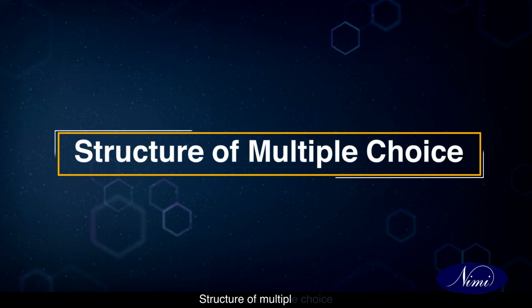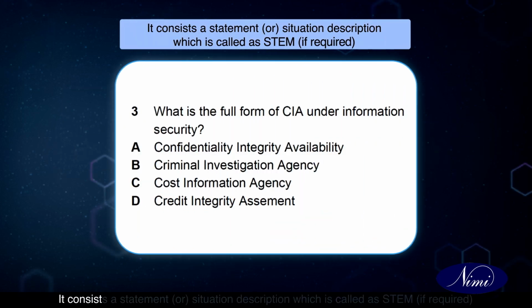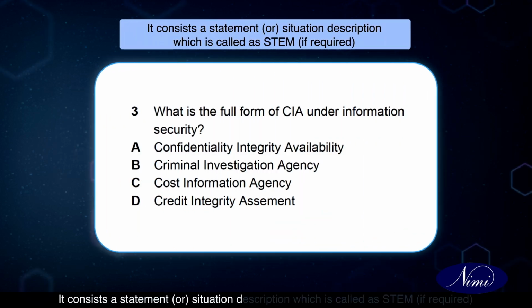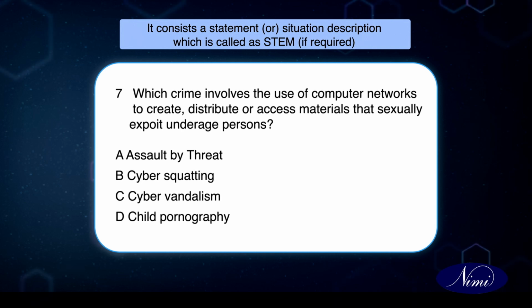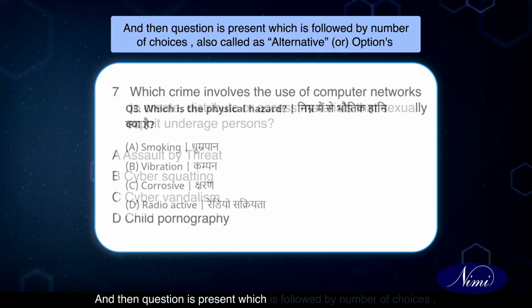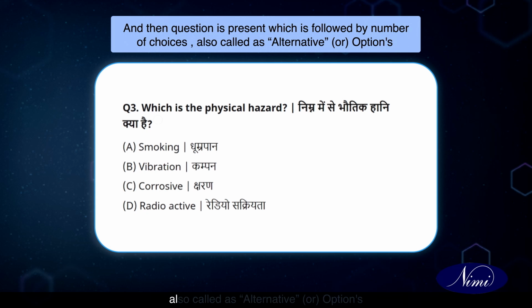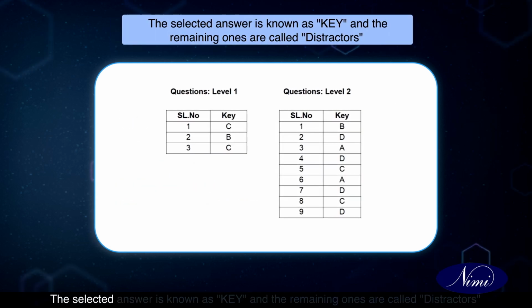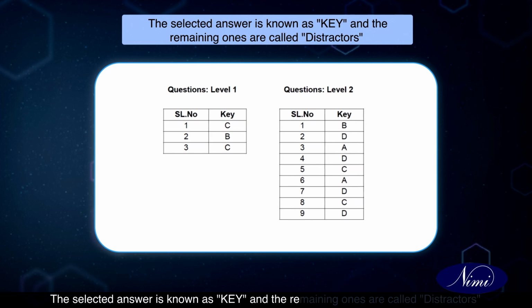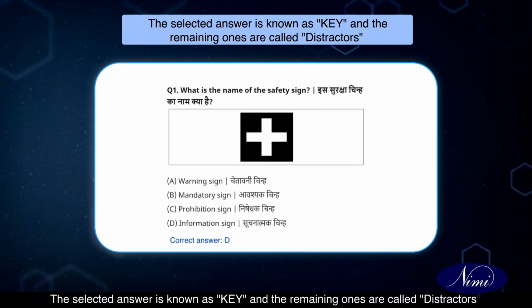Structure of multiple choice. It consists of a statement or situation description, which is called the stem, if required. Then a question is present, which is followed by a number of choices, also called alternatives or options. The selected answer is known as the key and the remaining ones are called distractors.